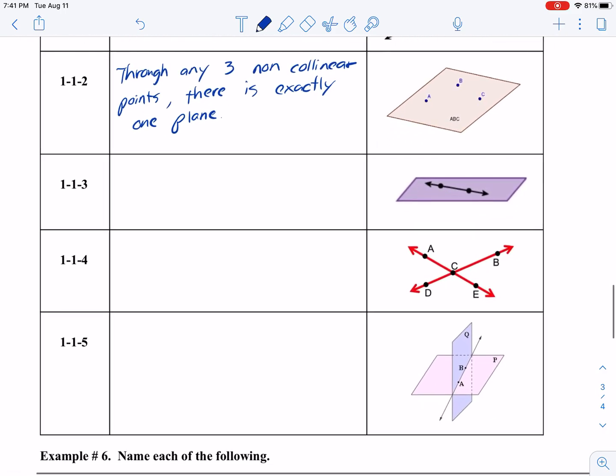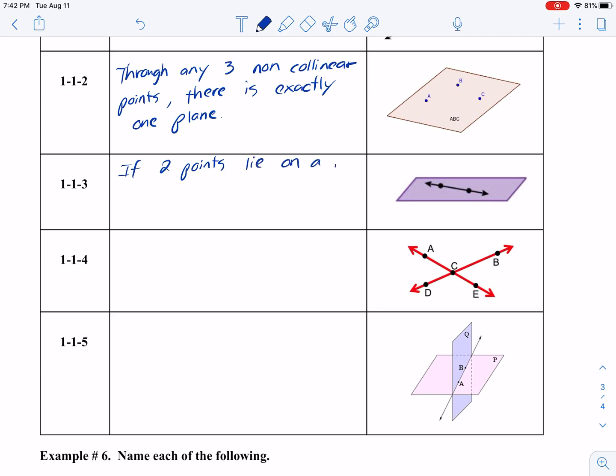Postulate 3, we can assume that if 2 points lie on a plane, then the line containing those points is on the plane. If 2 points lie on a plane, then the line containing those 2 points is also lying on the plane.